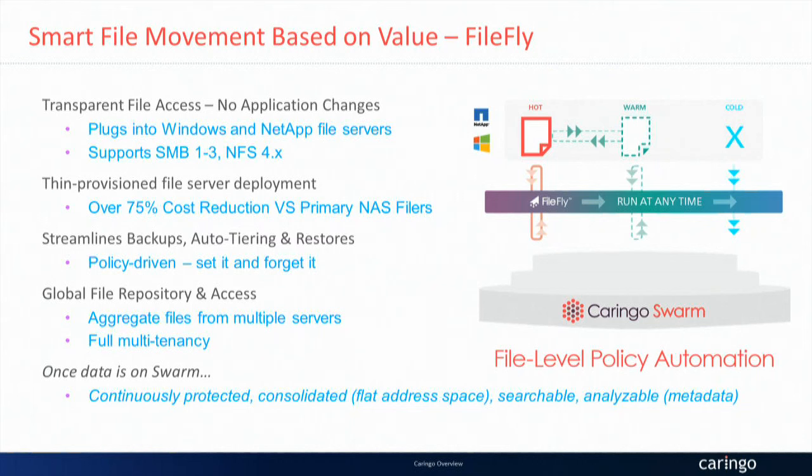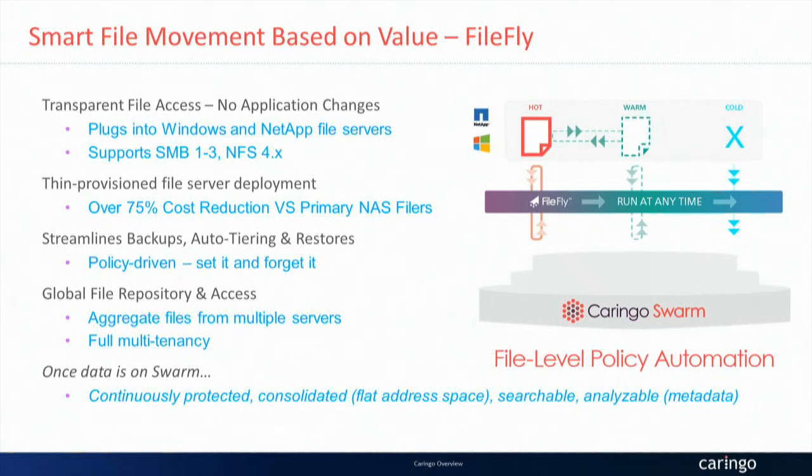The most interesting use case that we've seen is what we call the warm use case, which is to migrate files according to any policy that you choose to set from primary storage to Swarm, leaving a pointer on primary storage. From an end user standpoint, on a Windows file system, you'll see the file icon somewhat grayed out, indicating that it's just a pointer.